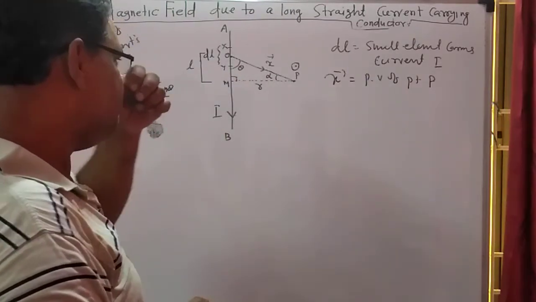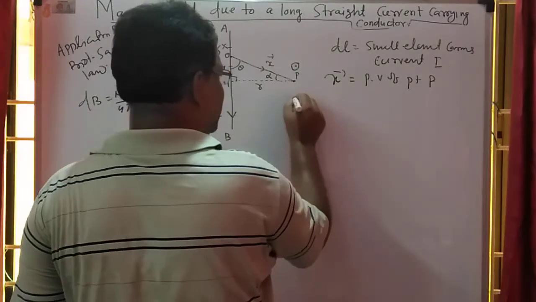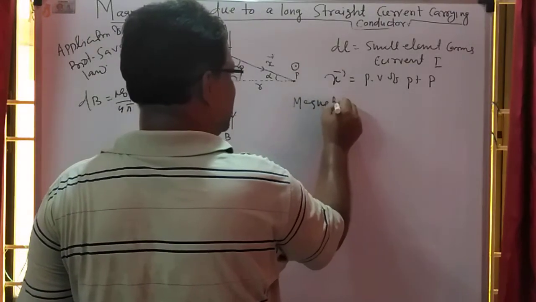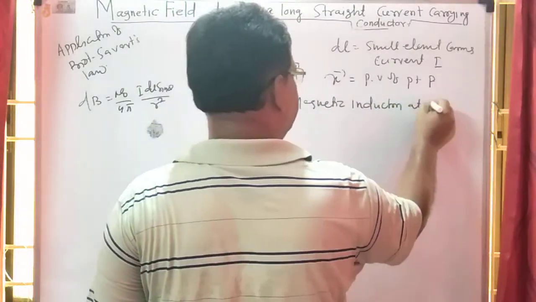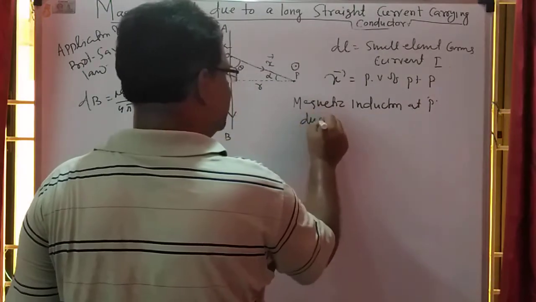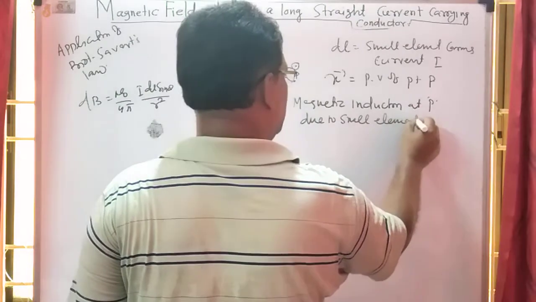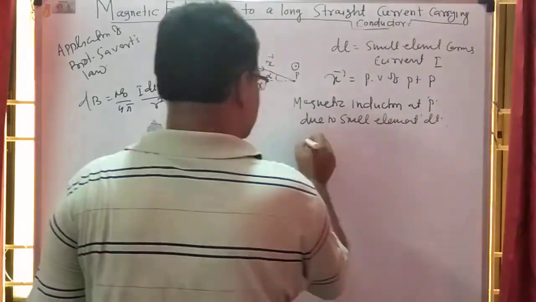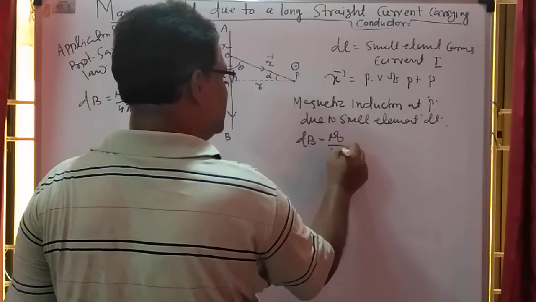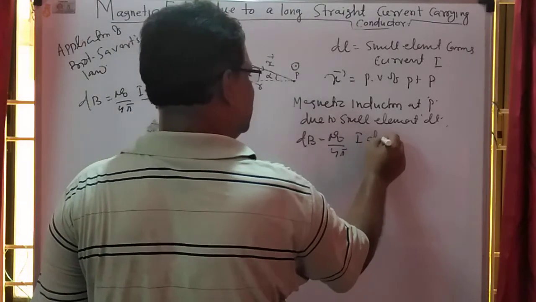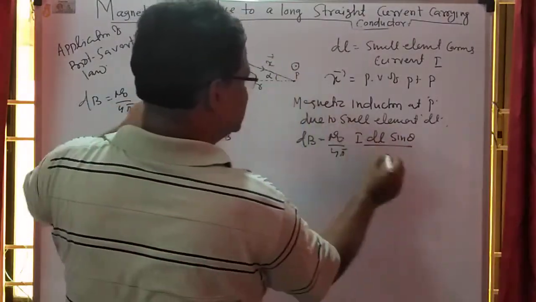Applying the Biot-Savart law, the magnetic induction at P due to the small element dl is given by dB equal to mu naught by 4 pi I dl sin theta upon x square.